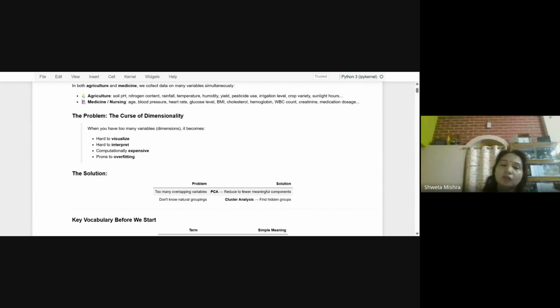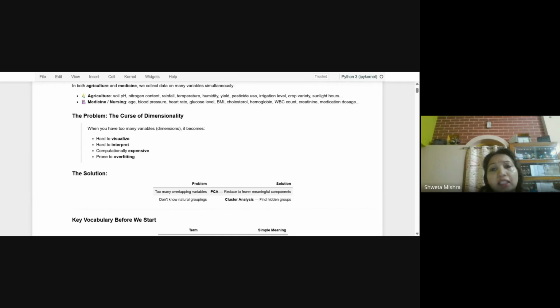In the agriculture field, we will get data like soil pH balance, nitrogen content, phosphorus that is given to the soil to fertilize it, then rainfall, temperature, humidity, irrigation hours, lots of things.